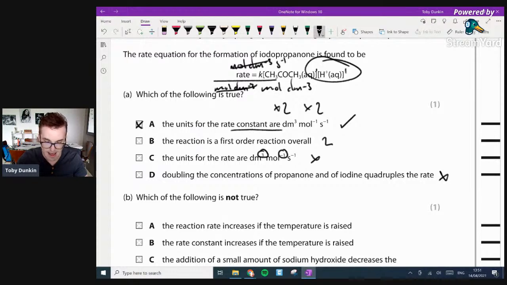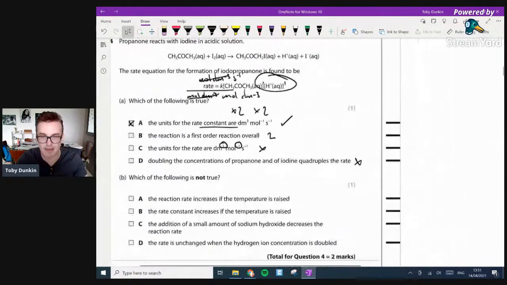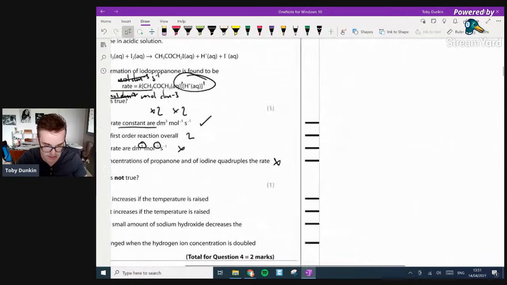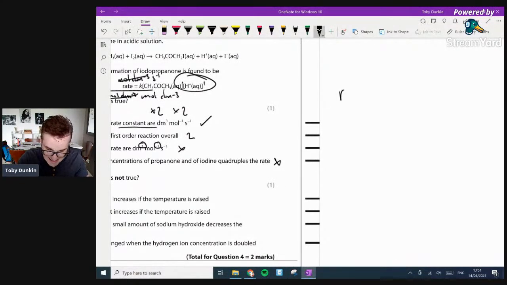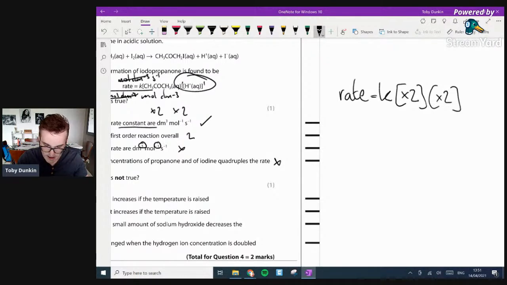So that's not correct. I had the same problem in the previous paper as well, and I ran some simple numbers. So the propanone we're going to double, and that's to the power of 1. And iodine we're also going to double, which is power of 1. We treat k as 1 because it's a rate constant, we may as well just ignore it, and we put the rate as 10.